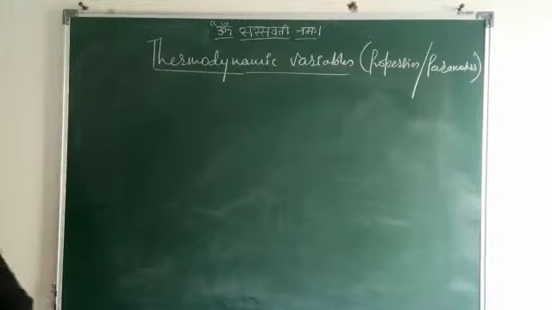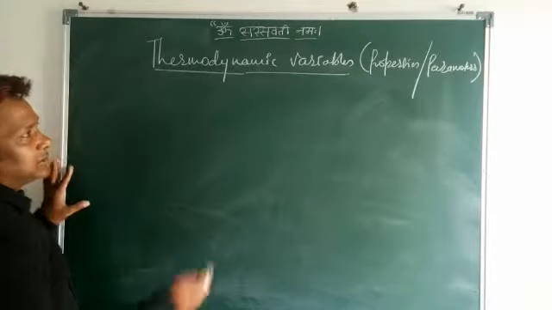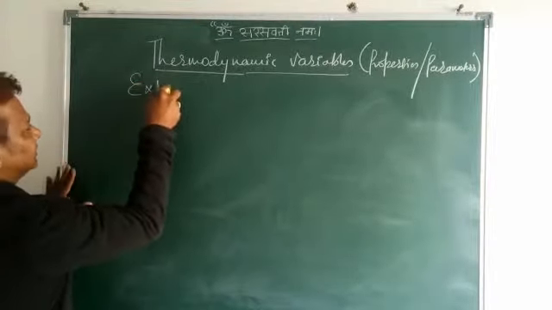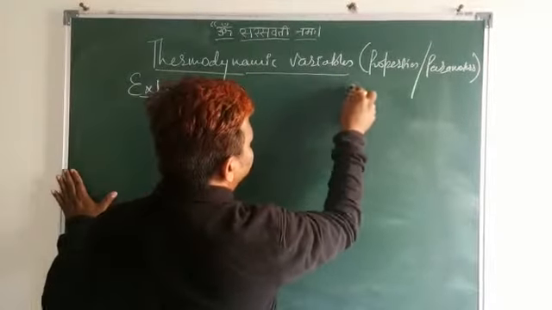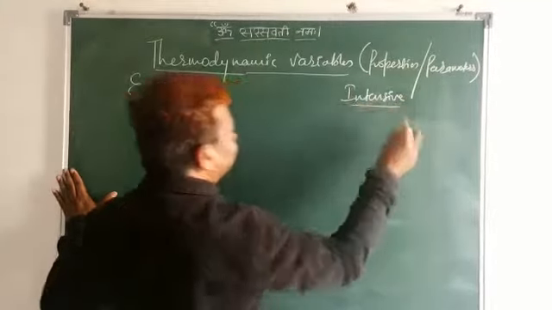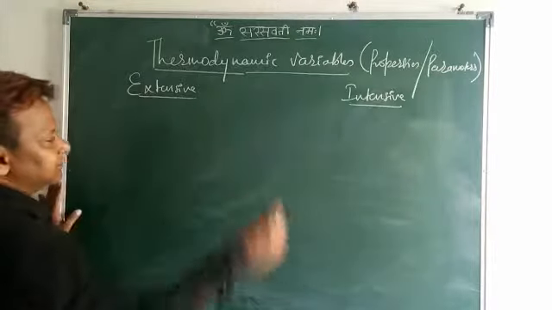So thermodynamic variables, thermodynamic properties, thermodynamic parameters. These thermodynamic properties are of two types. The first one is extensive property and the other one is intensive property. We'll see what is extensive and what is intensive by the differences.